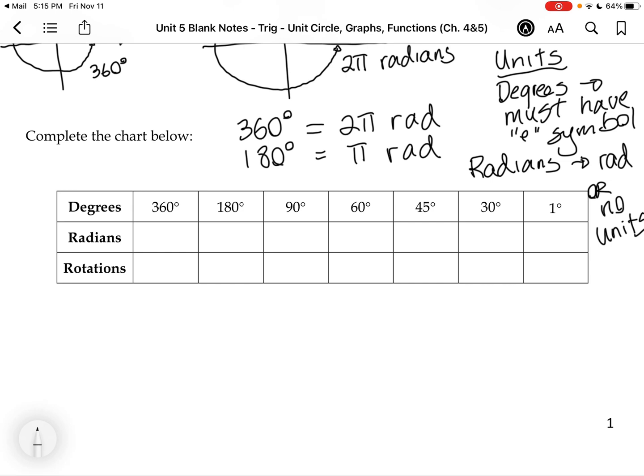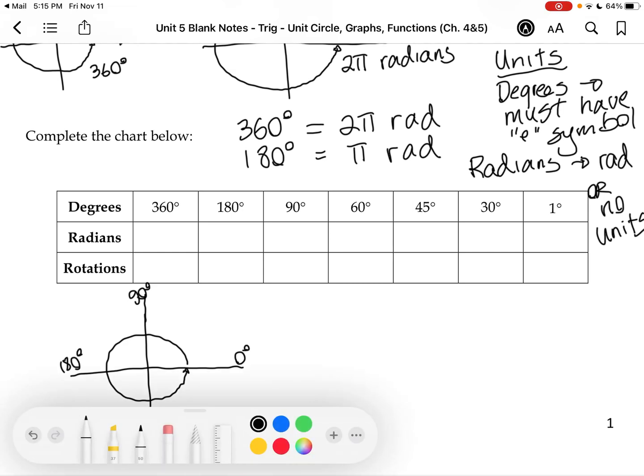But first, let's draw a coordinate plane, and we're going to look at 1 revolution. So over here, let's do degrees first. We're at 0 degrees. This would be 90 degrees, 180 degrees, 270 degrees. Now in radians, I'm going to do the radians in a different color.